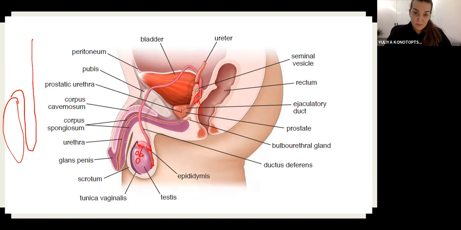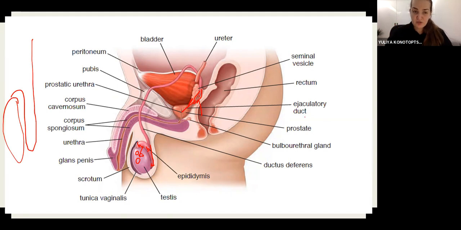The seminal vesicle will also have a duct coming out from it. The two ducts will fuse, so the ampulla and the duct of the seminal vesicle will unite. And this fusion gives you another duct, which passes through the prostate and is called the ejaculatory duct.